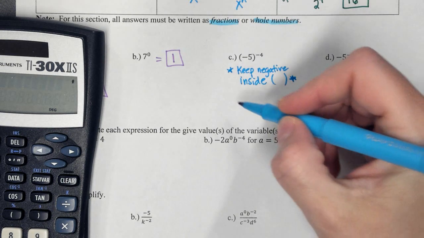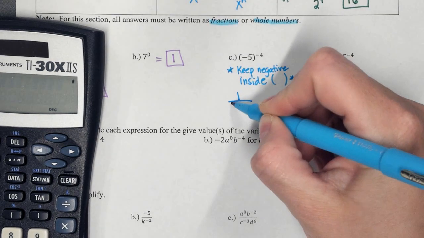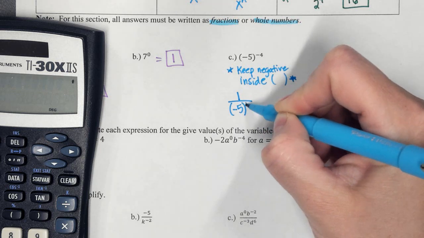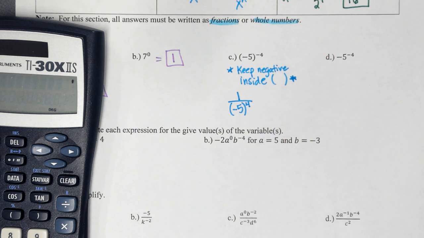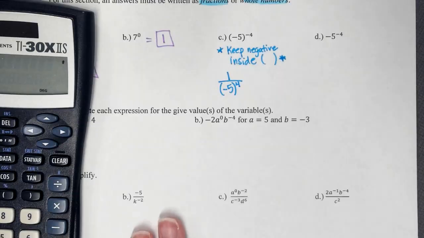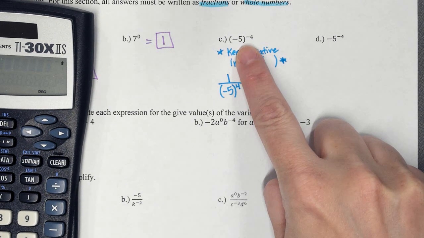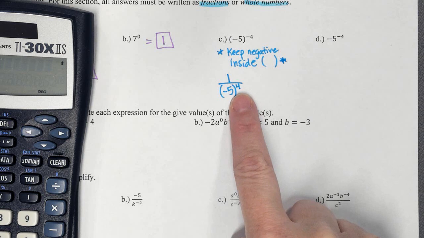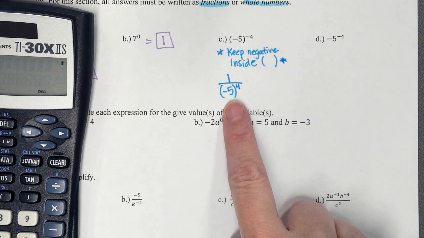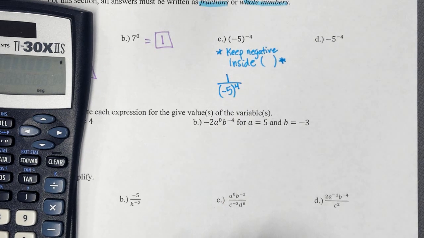Okay, so we're going to do -5 to the -4. So very similar to what we did last time. The only difference is now we have parentheses, okay?